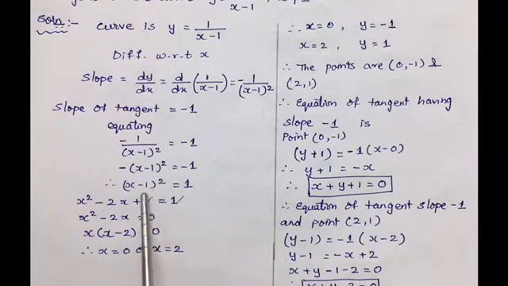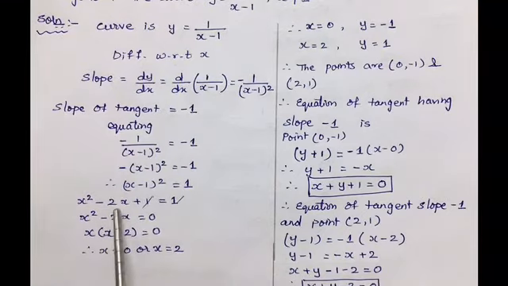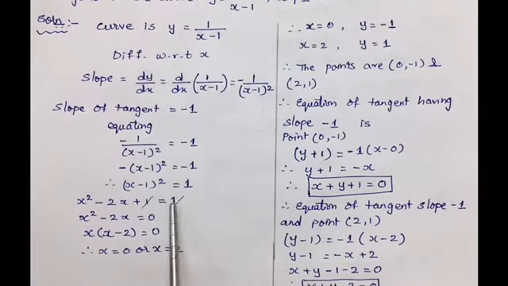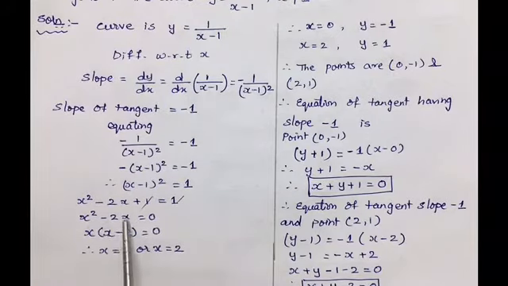Now expanding x minus 1 whole square by using the formula, x square minus 2x plus 1 equal to 1. 1 and 1 gets cancelled. We have x square minus 2x equal to 0. Taking out x common, inside the bracket we will have x into x minus 2 equal to 0. So therefore either x is equal to 0 or x is equal to 2. So this is how we have calculated the value of x.